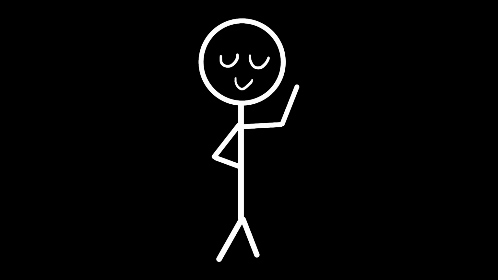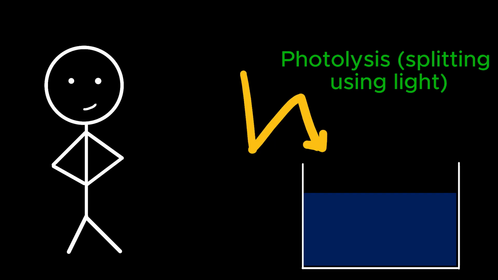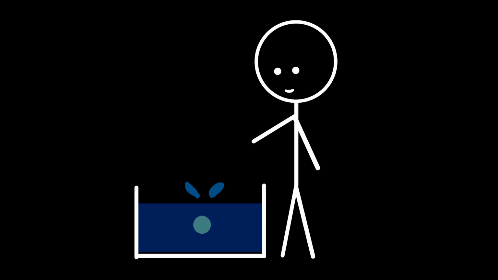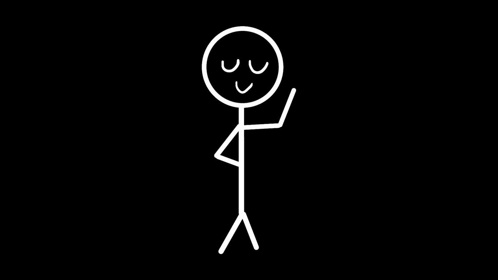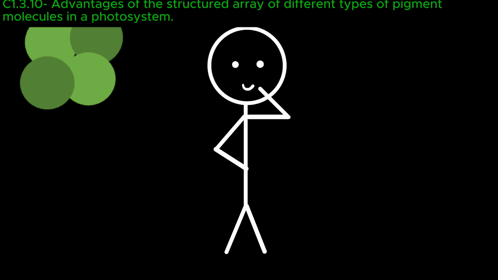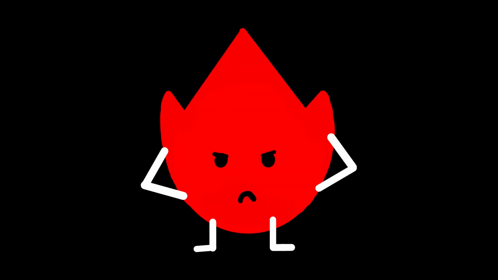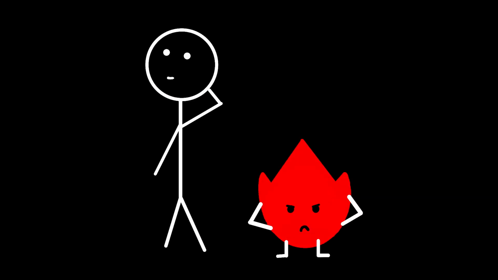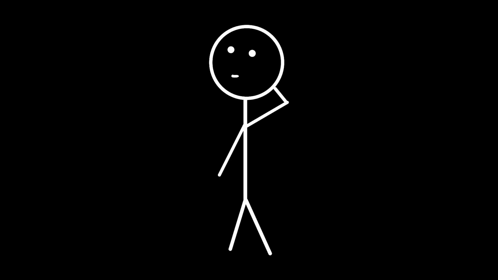Oh, I remember now. We need to get electrons from water through photolysis using the energy from sunlight. For that, we need pigments. Oh, I remember now. We can join voices. Are you sure you learned about photosynthesis in class? Yes, but I zoned out for a bit.